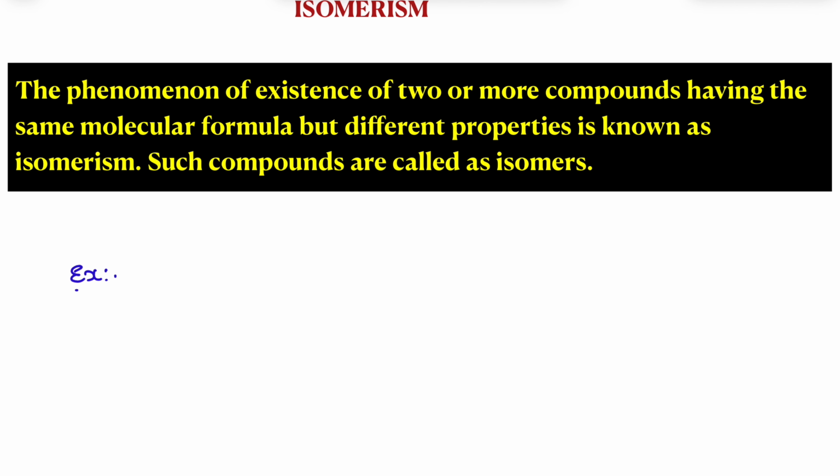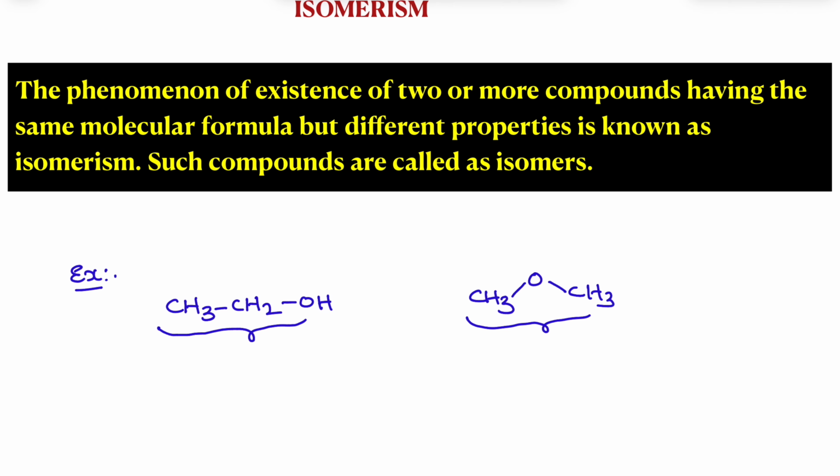Here, I'm taking two organic compounds. One is CH3CH2OH and another one is CH3OCH3. These are two different organic compounds, but they have the same molecular formula.